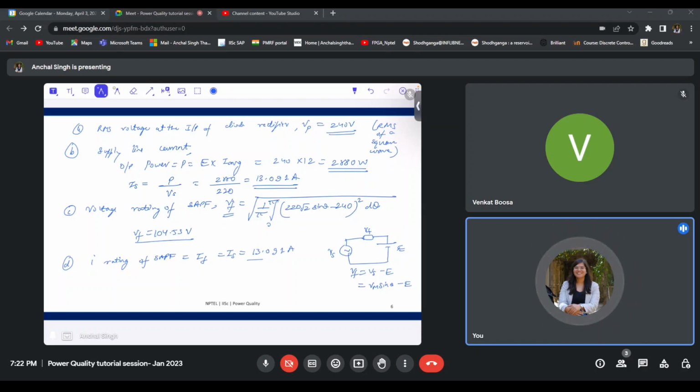Now, in the E part of the question, we were asked to calculate the volt ampere rating of the series active power filter, which will be equal to Vf into If, that is 104.53 into 13.091. So the volt ampere rating of the system will come out to be 1368.407 volt amperes.